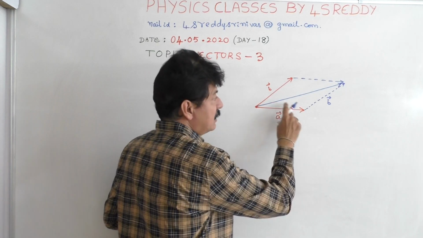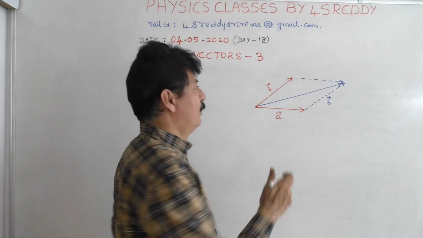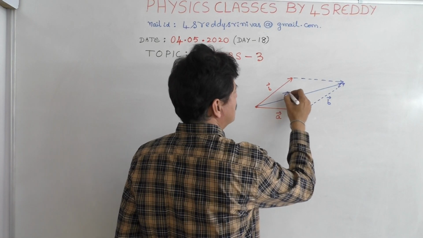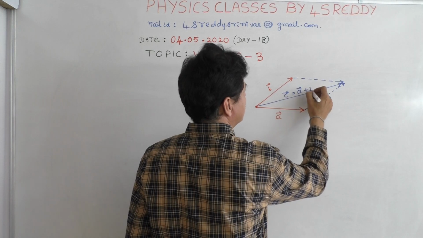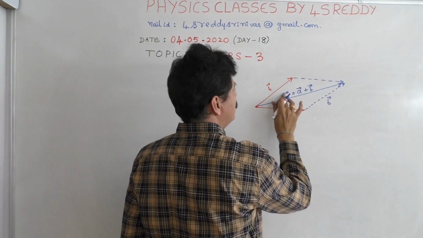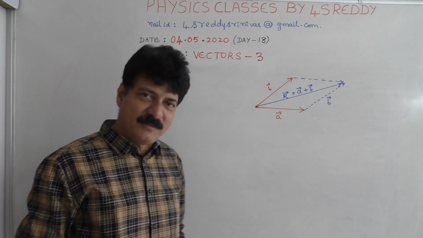But here this third side becomes the diagonal of the parallelogram. Therefore, the resultant vector C bar, or otherwise R bar, can be written as A bar plus B bar.